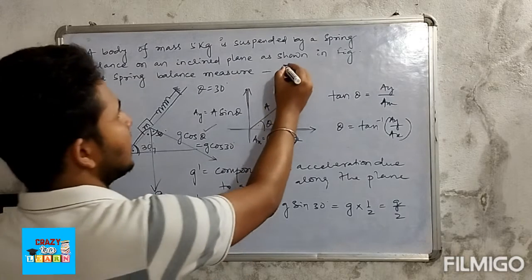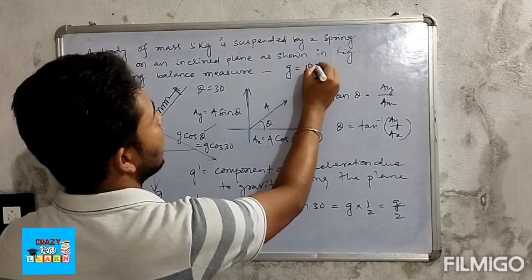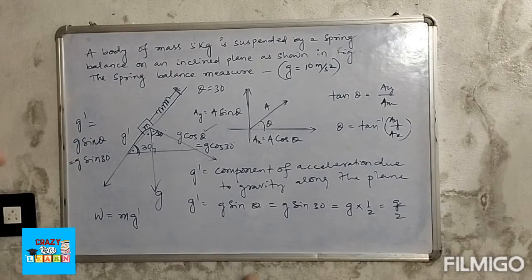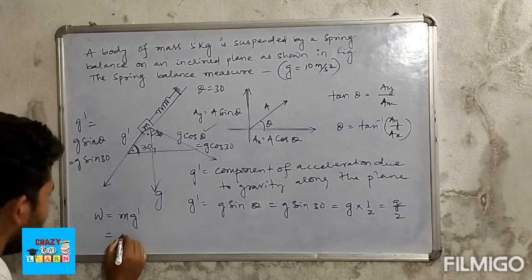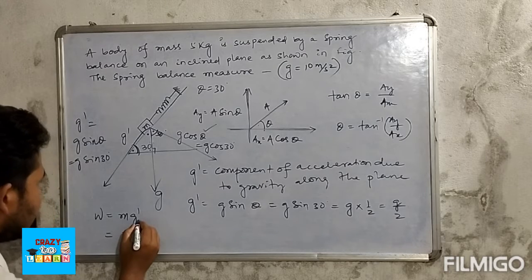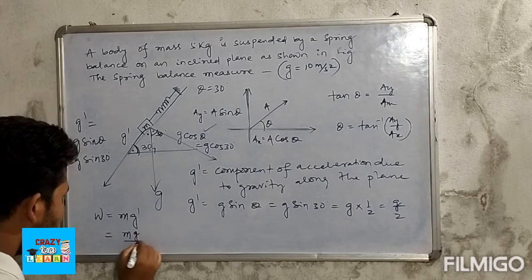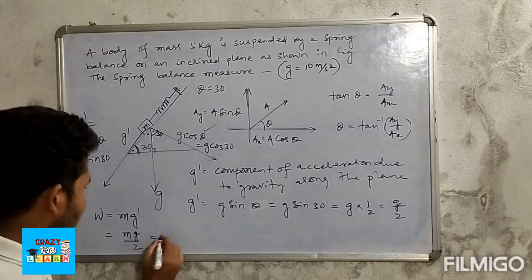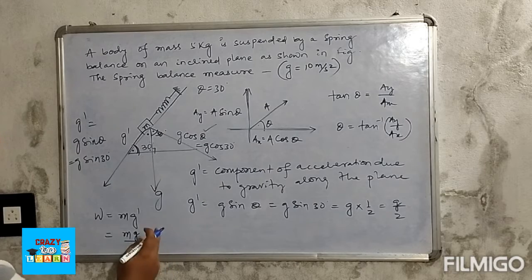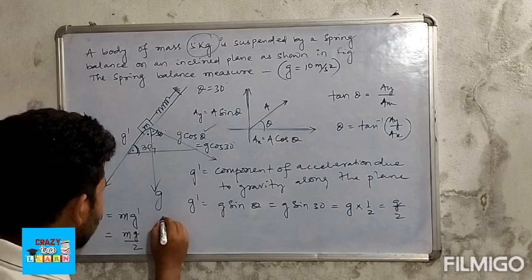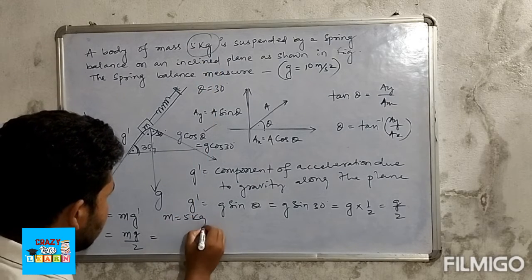If you take the g value as 10 meter per second square, then in the place of g dash put g by 2, so you will get mg by 2, and put the values of m and g. What is the value of m? The mass is given to you as 5 kg.